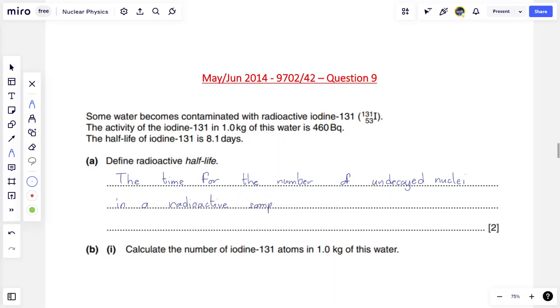It is the time that it takes for half the number of radioactive atoms to be reached, so to reduce to half of its initial or original value. So very specific wording, but I want to be correct with my definitions.